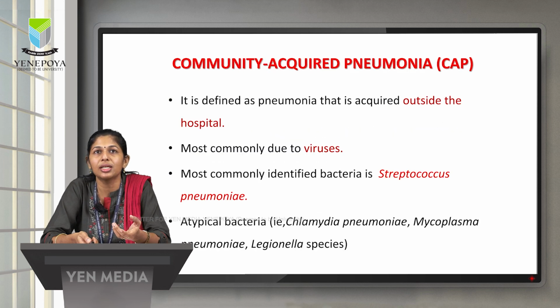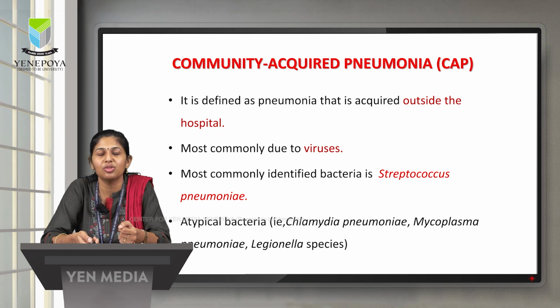These types of pneumonia are called community acquired pneumonia. This most commonly occurs due to the presence of viruses. The most commonly identified bacterium that can cause community acquired pneumonia is Streptococcus pneumoniae. Atypical bacteria can also cause community acquired pneumonia. We have already seen what atypical bacteria are.